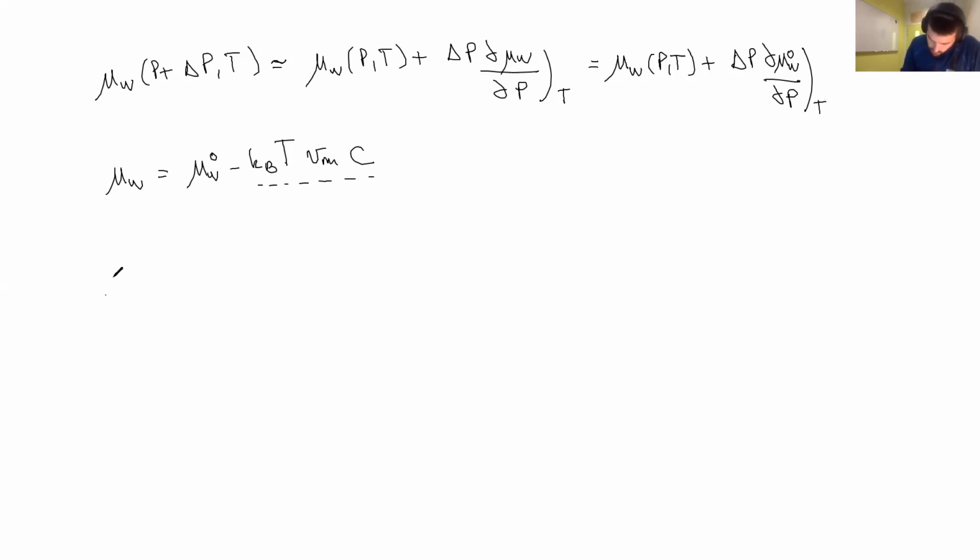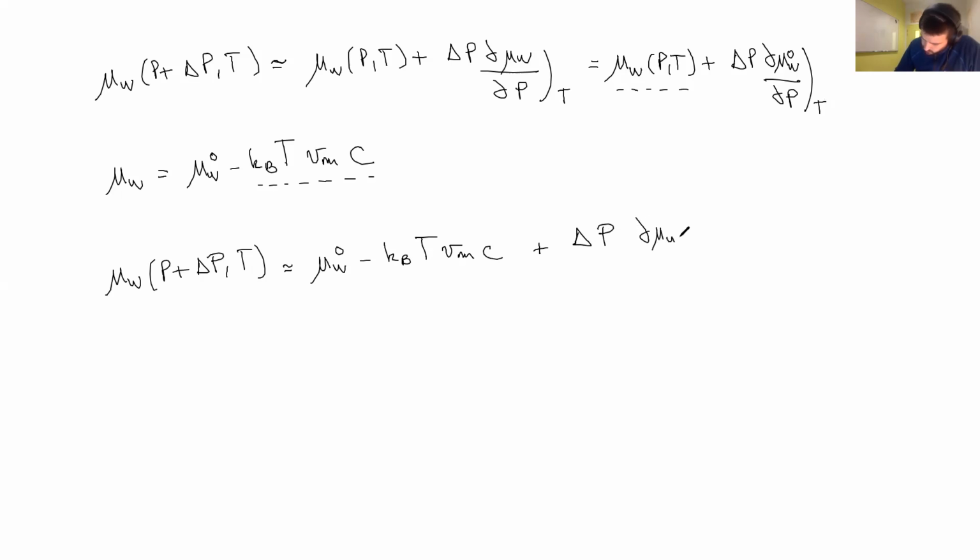So finally, mu of water in the left compartment, which is slightly at higher pressure, is equal to, let me expand this, you have the pure chemical potential minus kBT VMC. I really expressed that term with the pure chemical potential, plus a correction that I would like to estimate now.